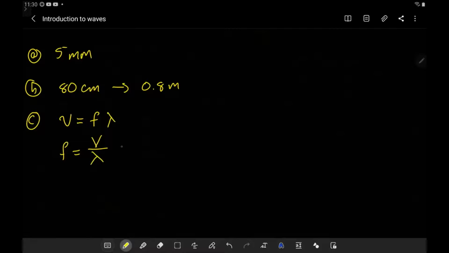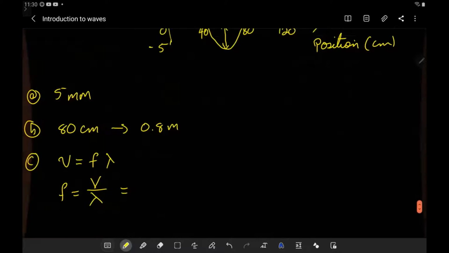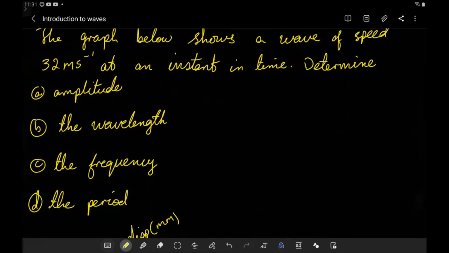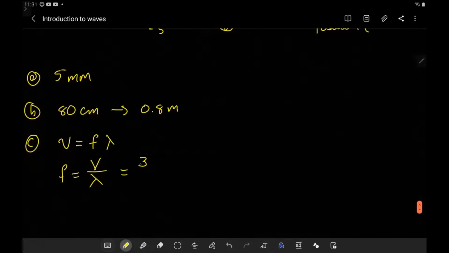The velocity is 32 meters per second. So we have 32 meters per second divided by 0.8, which will give us how much?